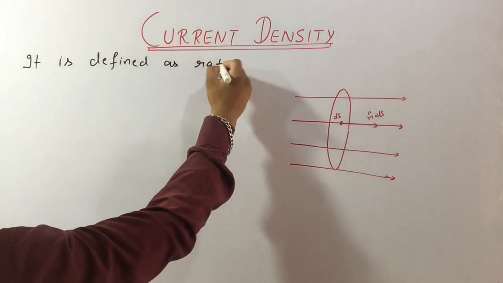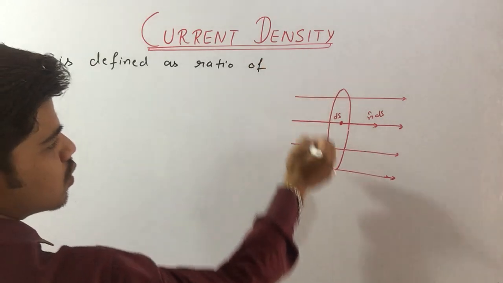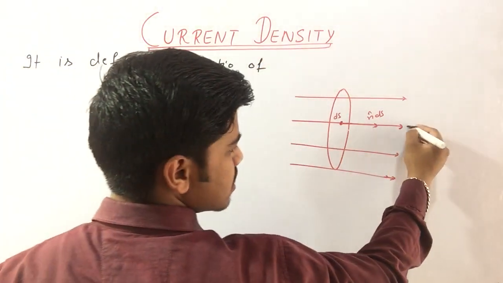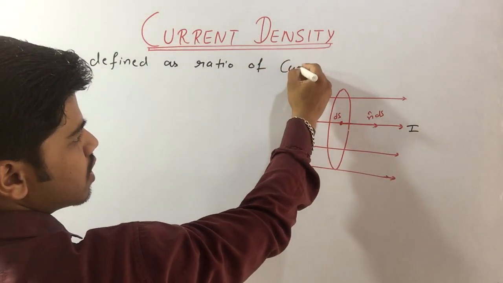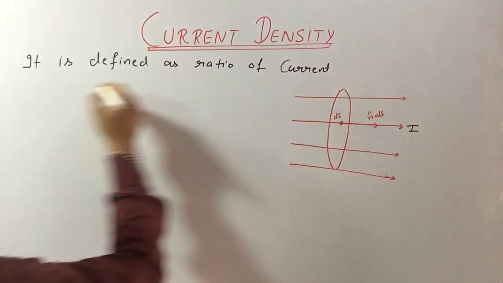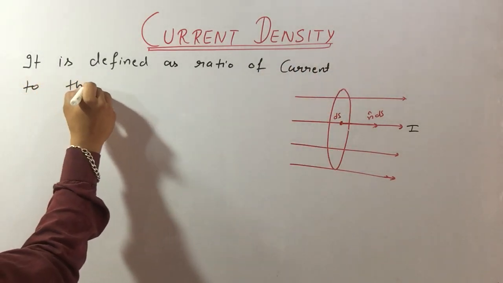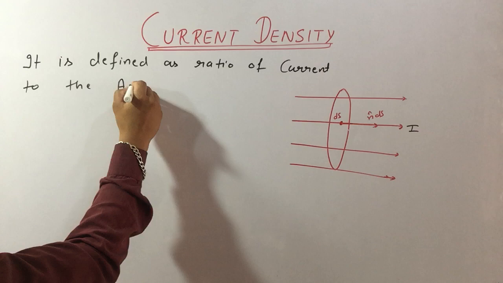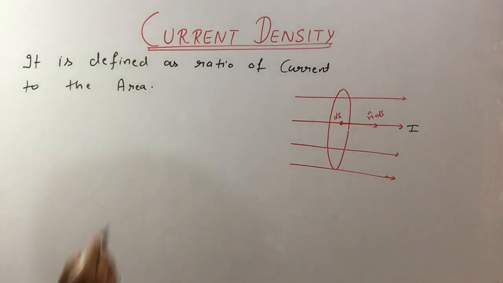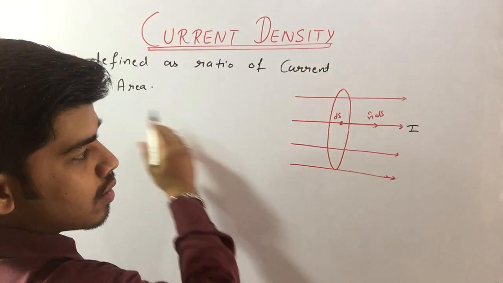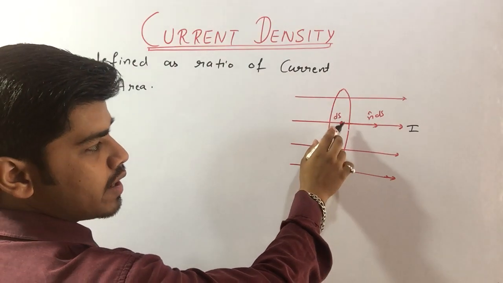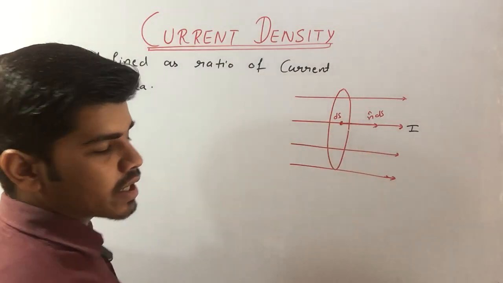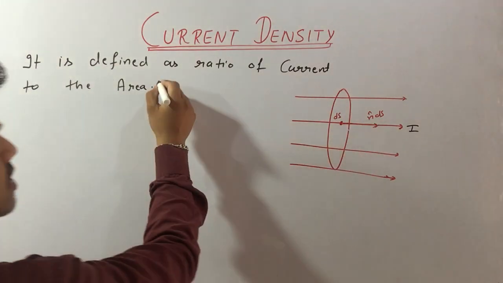the ratio of current to the area. And what is area now? Area is the area vector, which is directed perpendicular to the surface.